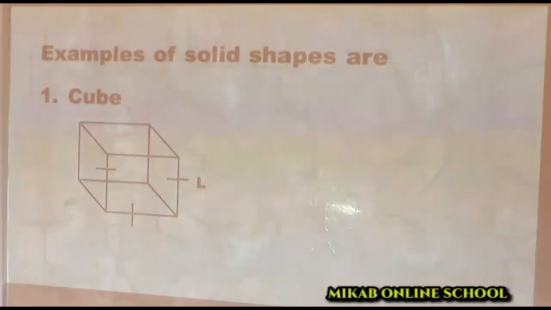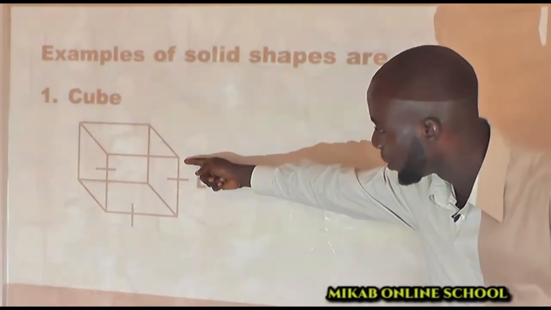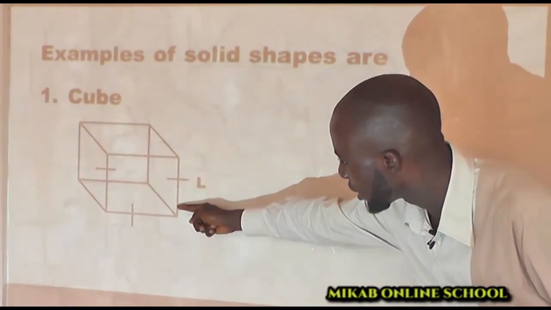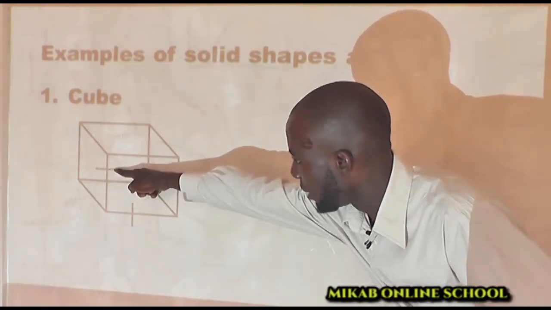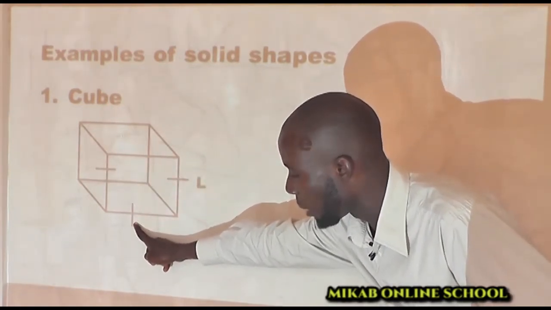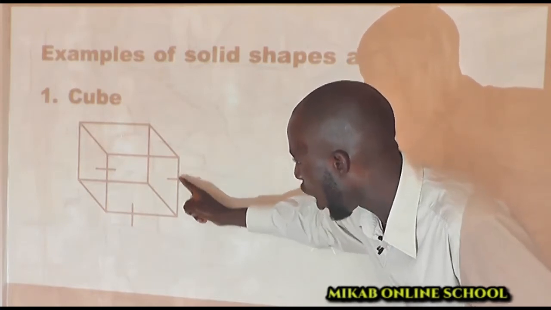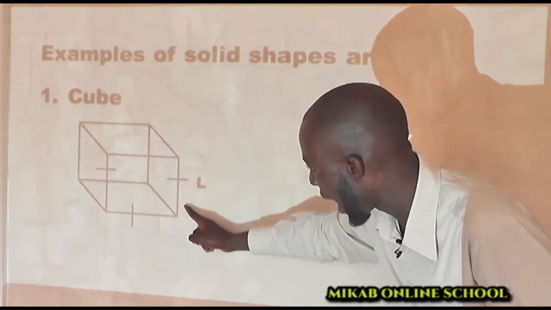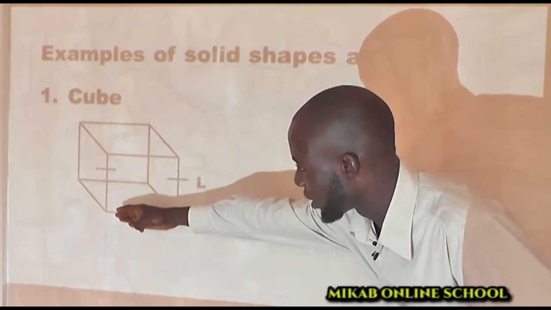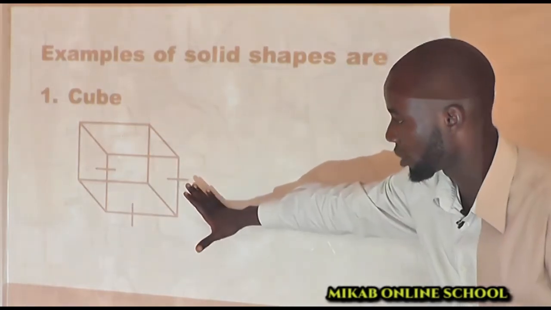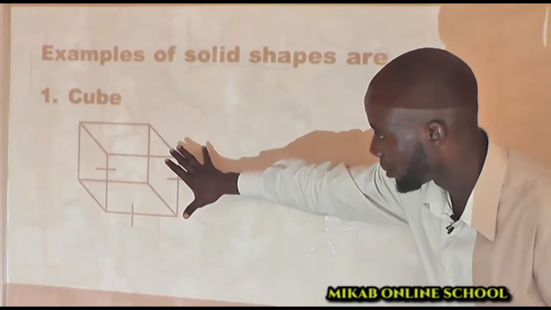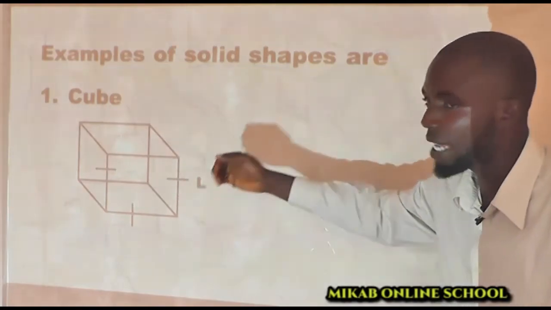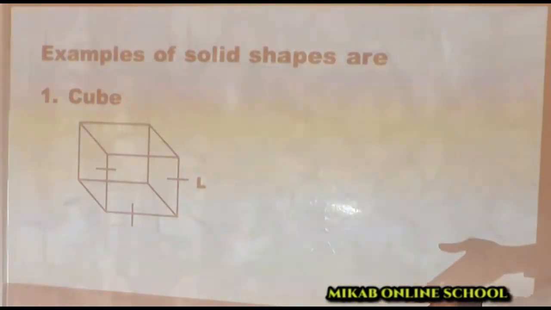This side has a mark, this is another mark, and this is another mark. It shows that all the sides, the height, the length, and the breadth, are all equal. That is a cube. A cube is an example of a solid shape.